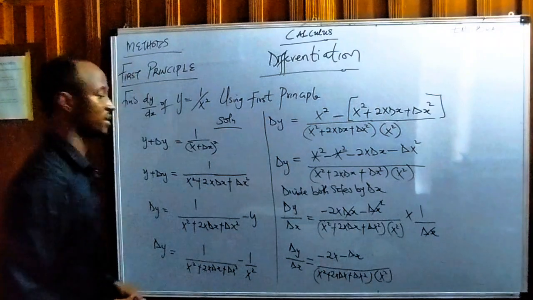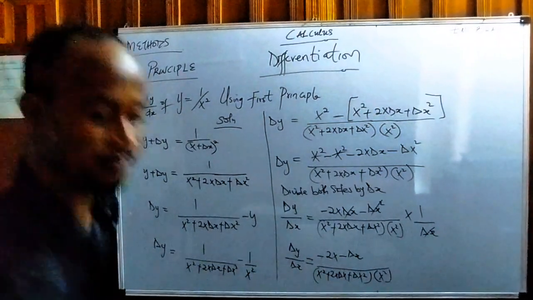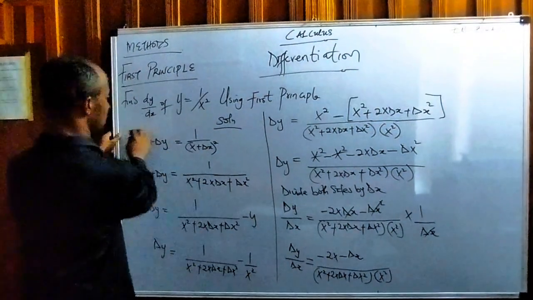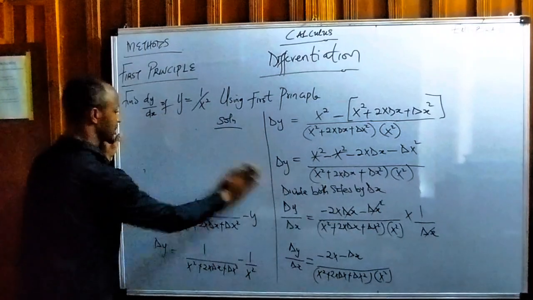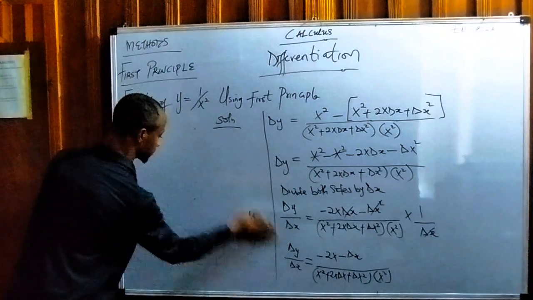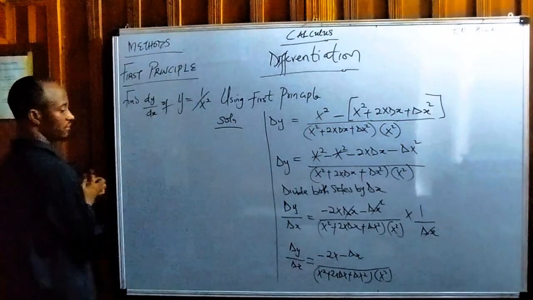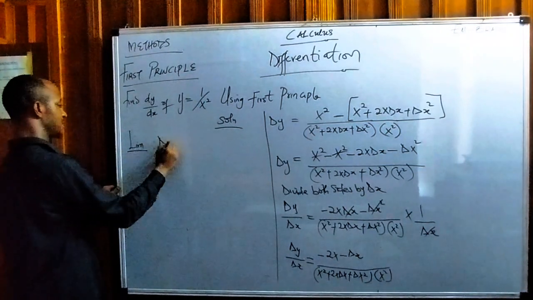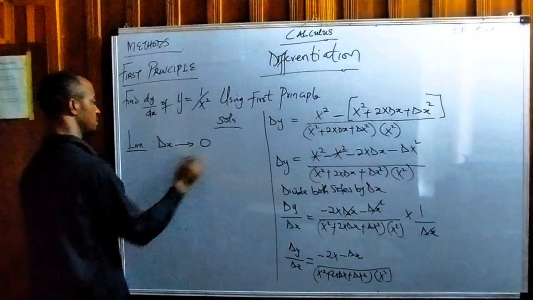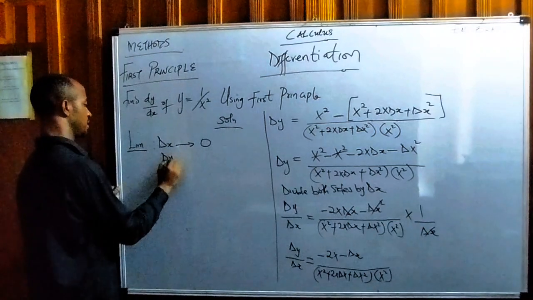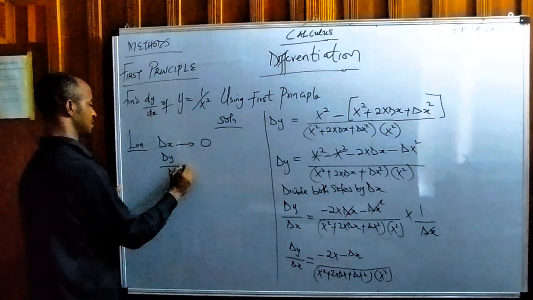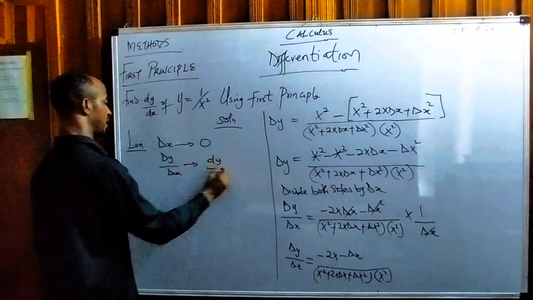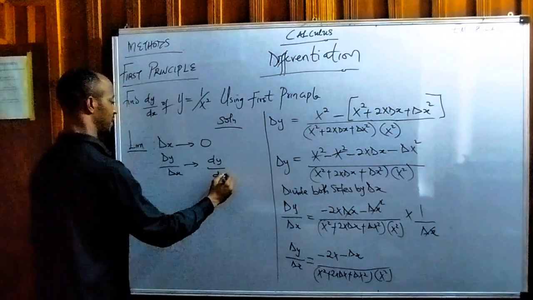So when we get to this point, for us to solve further, we have to take the limit of the function. We take our limits as delta x approaches 0, and delta y over delta x approaches dy/dx. So this implies what?